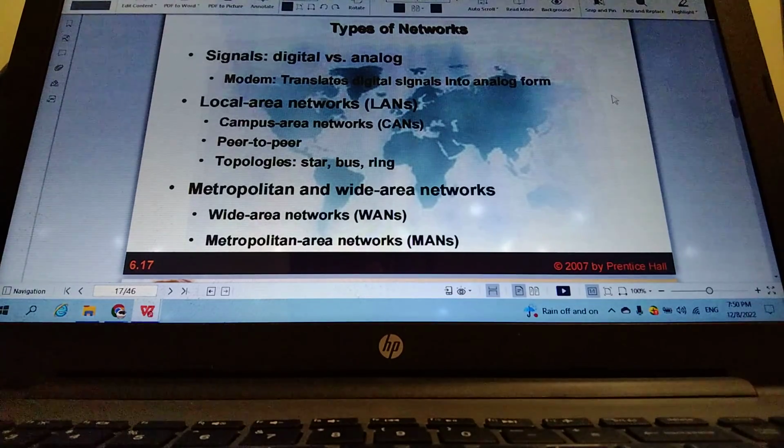Analog format, as a comparison, is like those days when we had a landline, house phone, where your phones were always connected to the service providers through wired cables or lines. So that is basically an example of a circuit switch network.